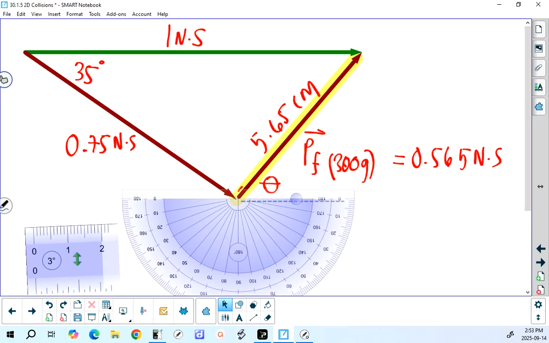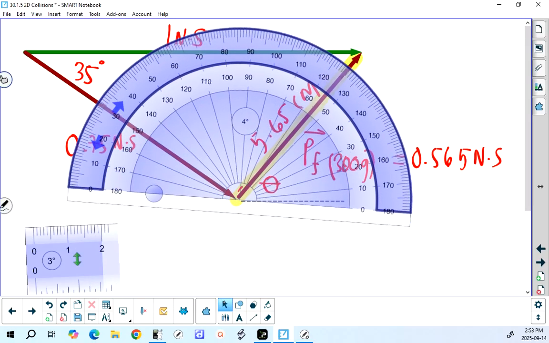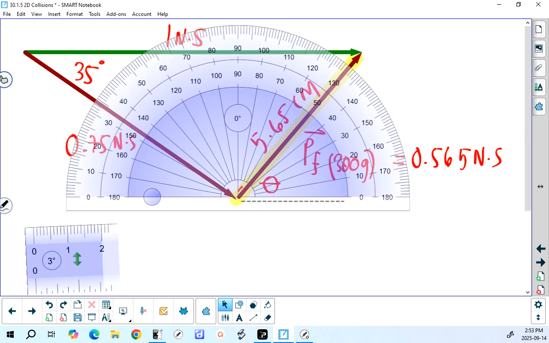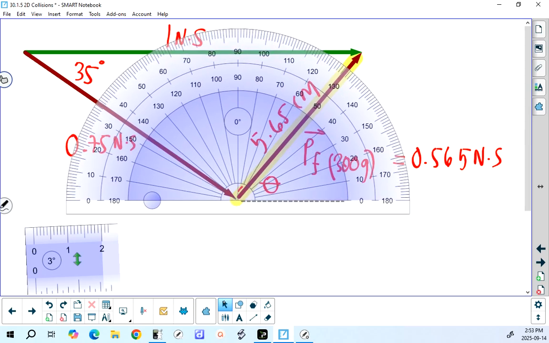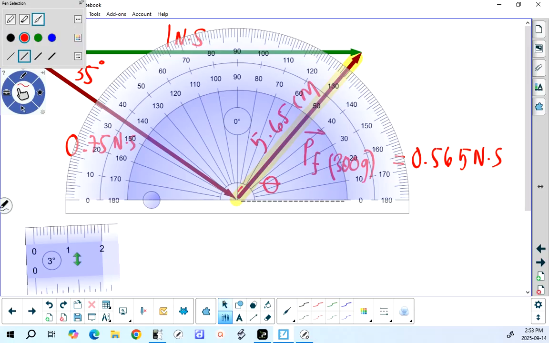So you're going to put your protractor down. And as accurately as you can, measure that angle. And I'm getting, it's a little bit closer to 50 than 49 degrees, so I'm going to say it's 50 degrees north of east. Just jot this down, 50 degrees north of east.